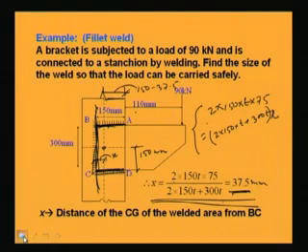Now after getting the eccentricity, we have to find out Ixx and Iyy. Ixx, how do I get it? Ixx means the moment of inertia about this axis, say xx. So when I calculate the moment of inertia about this x axis, we have to calculate first for this area BC, that will be 1 by 12 T into D cube, that means 300 cube, that will be the moment of inertia.